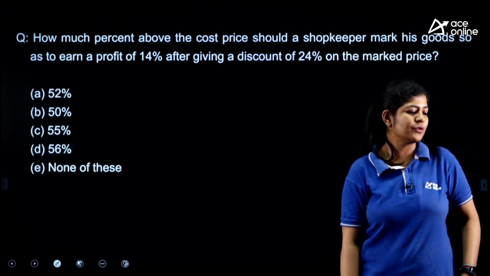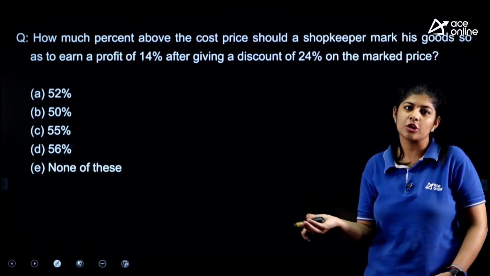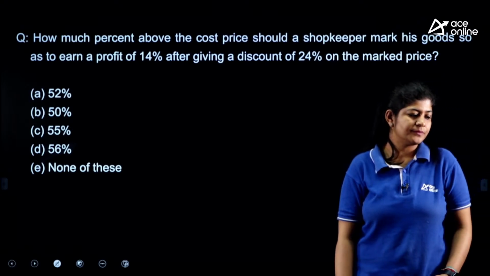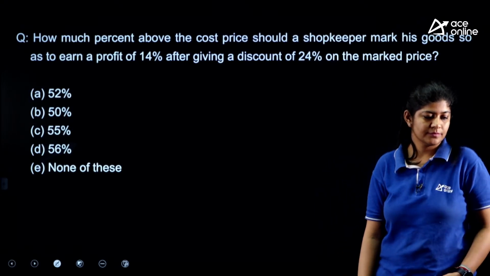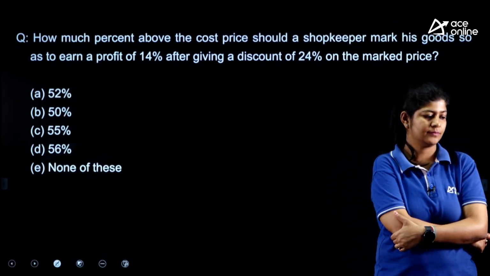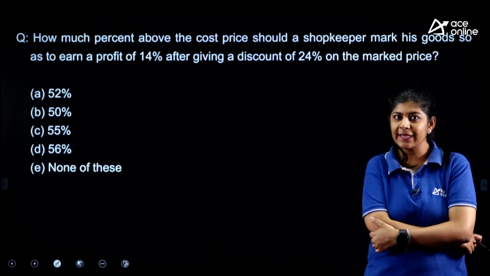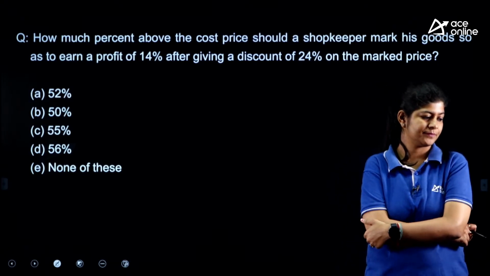All you need to do is find out how much percent above the cost price we need to put as a marked price. And discount is always given on MRP and profit and loss is always calculated on cost price.